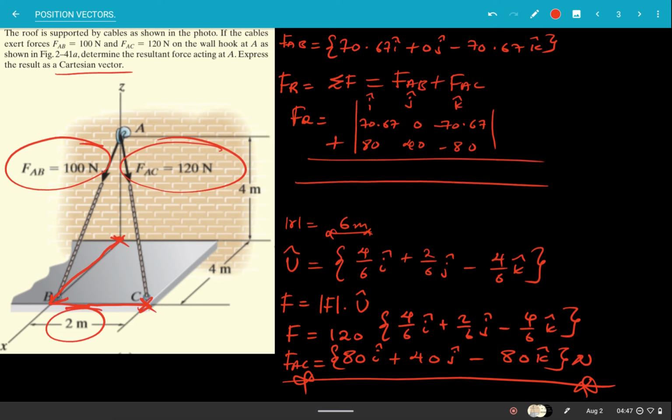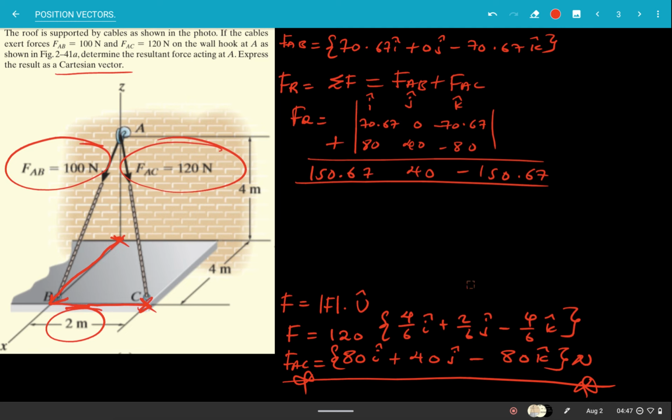If we sum them up, we get 70.67 plus 80. You will get 150.67. 0 plus 40, that's basically 40. Minus 70.67 plus minus 80 will give you minus 150.67. So basically what you get, okay, let me erase this.